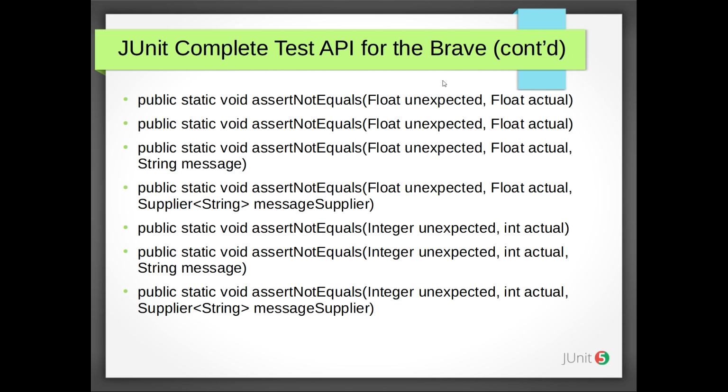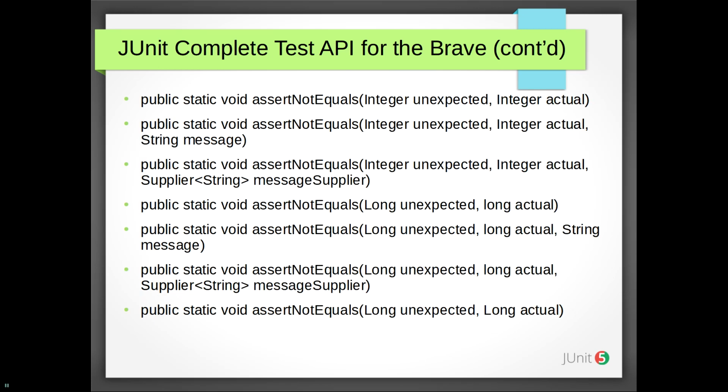So that's an error on my part, I just duplicated the methods, or perhaps this should be not a wrapper, this should be a primitive. I think that's what happened here. Alright, next page of more assert not equals methods.